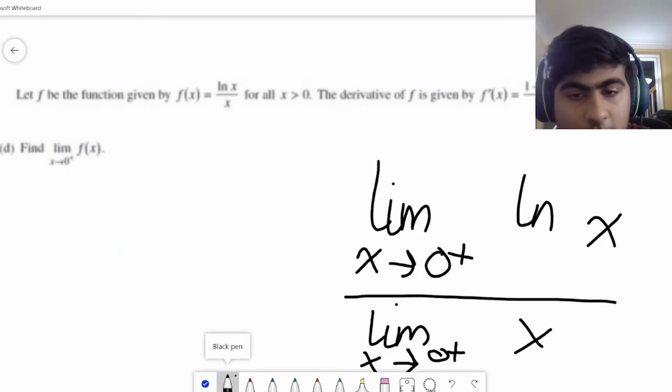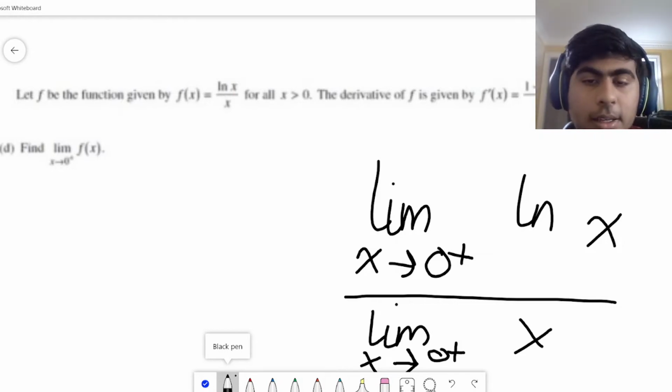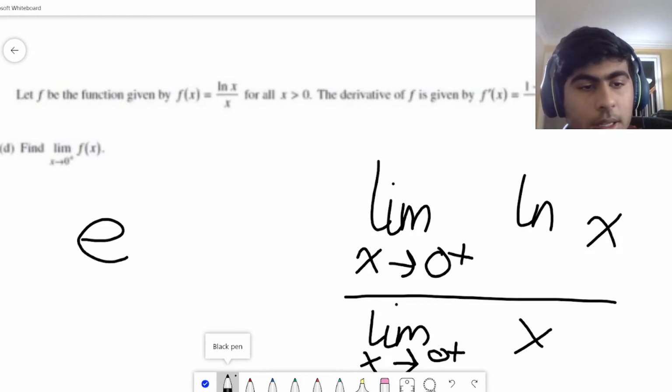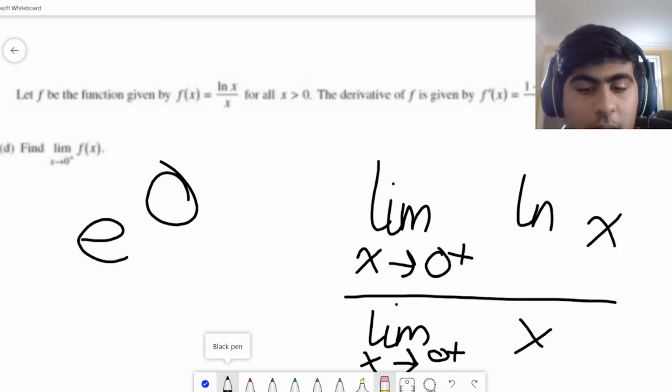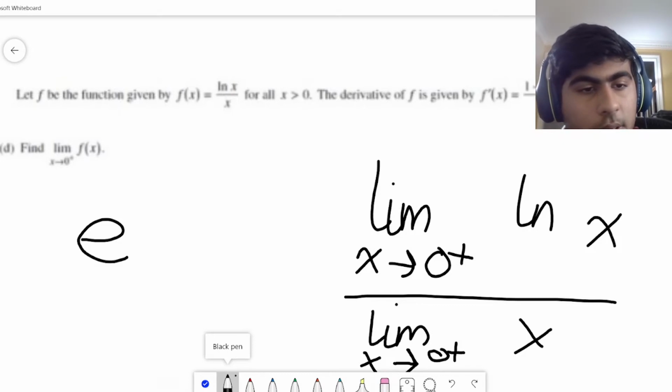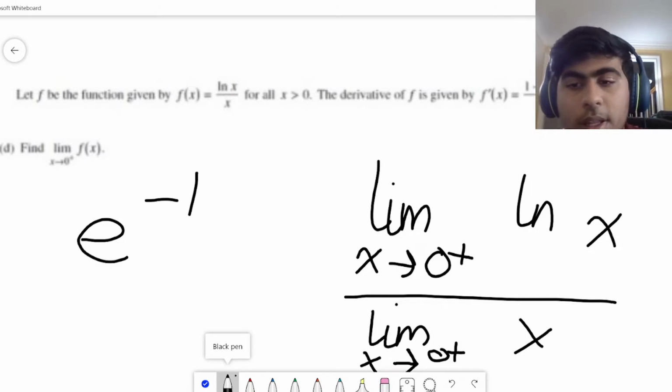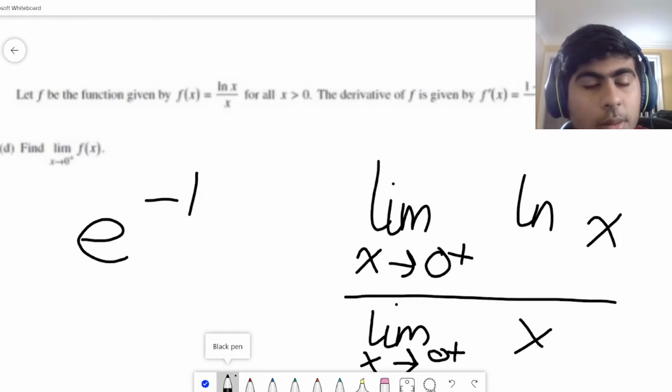And that's because as we get closer and closer to 0, that's like negative powers of e. If you have e to the 1, that's going to be more than 1. If you have e to the 0, that's going to be 1. And if you have e to the negative 1, that's going to be less than 1. If you want to get a number less than 1, then you have to put in a negative number.